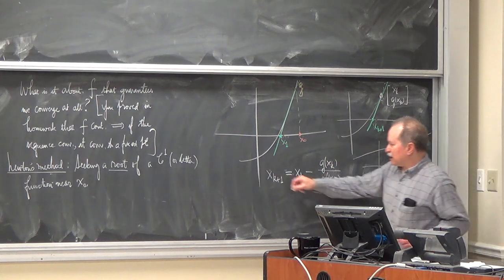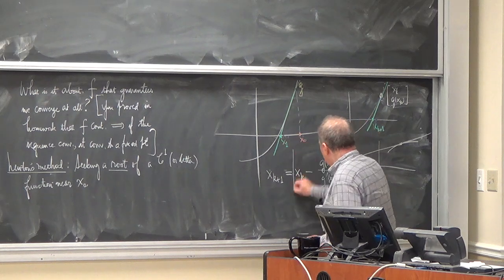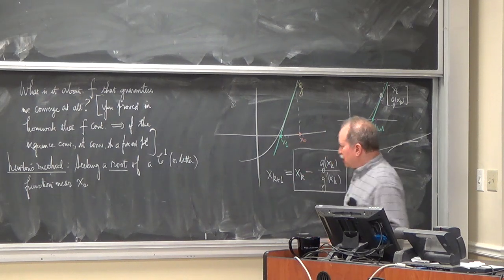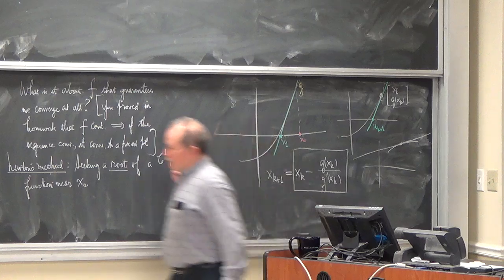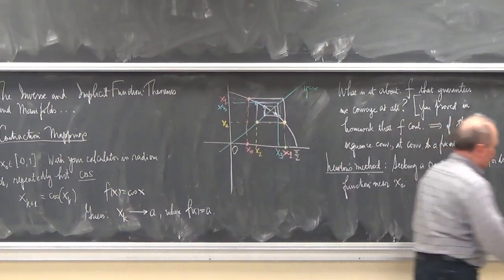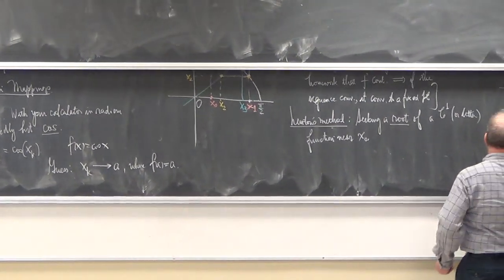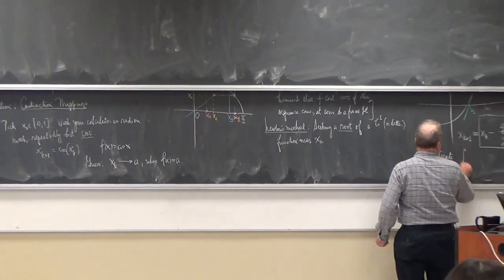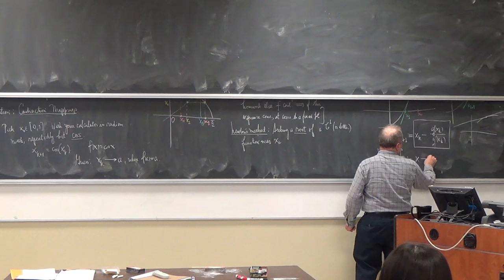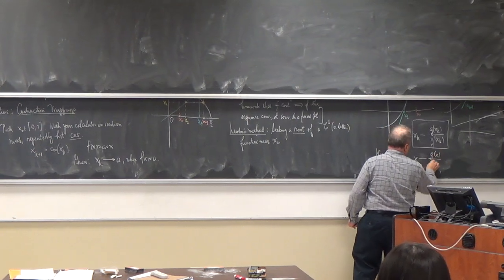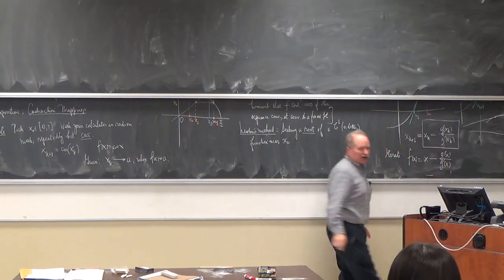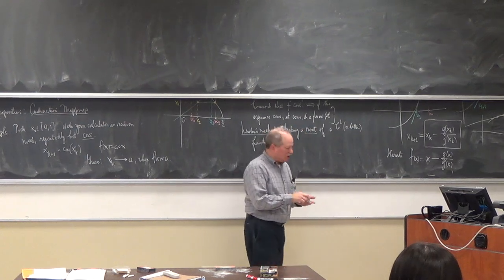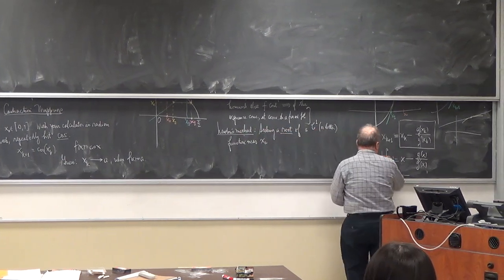So now you're doing an iteration where this is the f. We're iterating f of x, which is x minus g of x over g prime of x, plugging in initial value x1 and defining the sequence recursively.